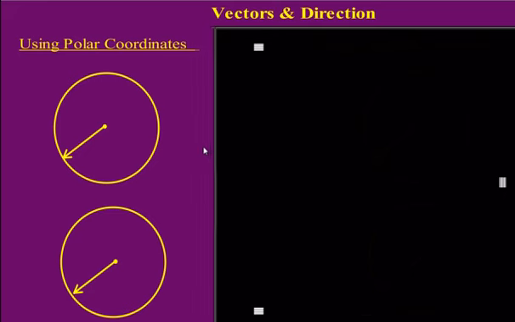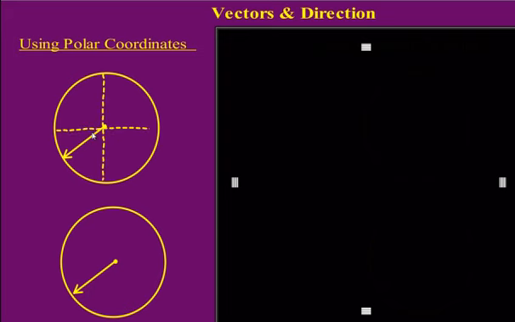Okay, I'm going to show you with one vector 4 different ways to represent the direction of that vector. We're going to start with polar coordinates. In the polar coordinate system, if you remember from math, and if you don't, we'll just learn it right now, we're going to take a circle and divide it up into 360 degrees.